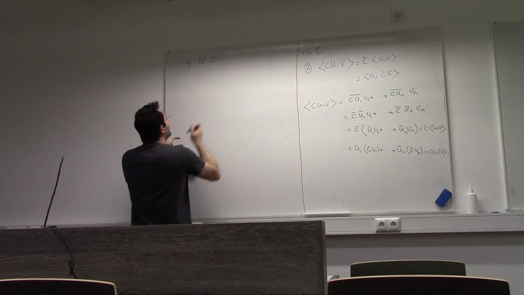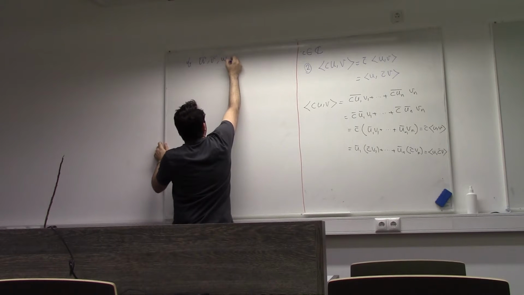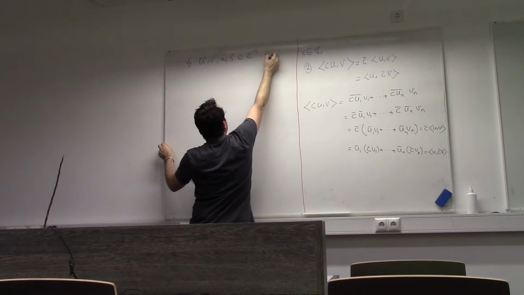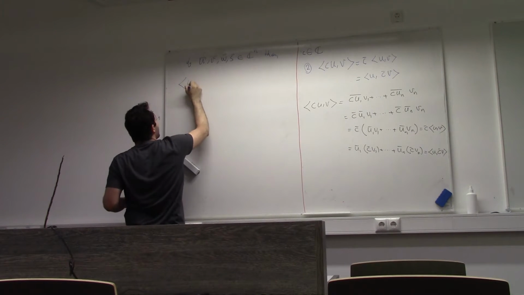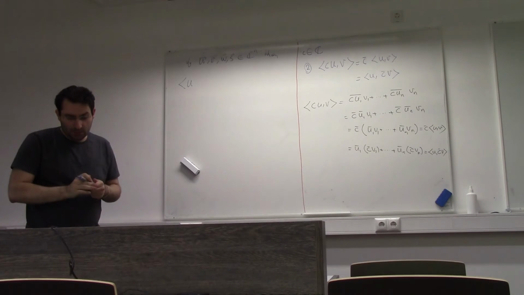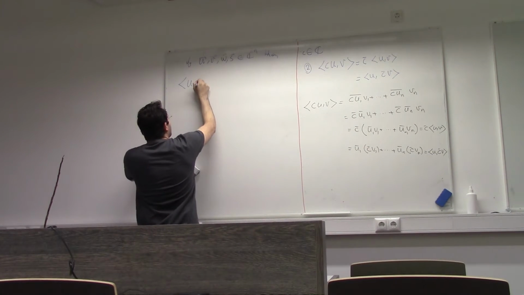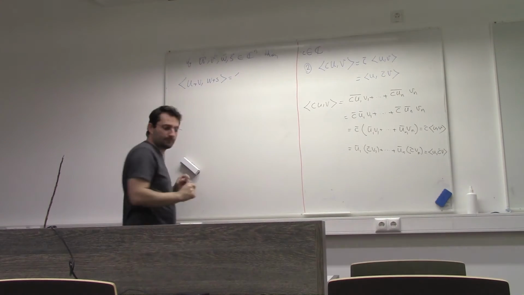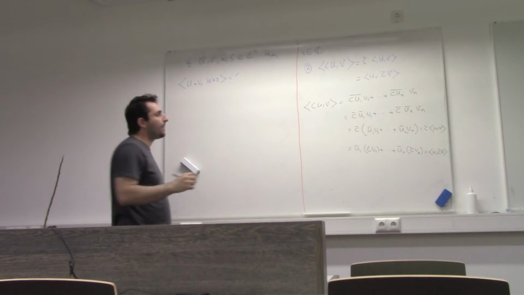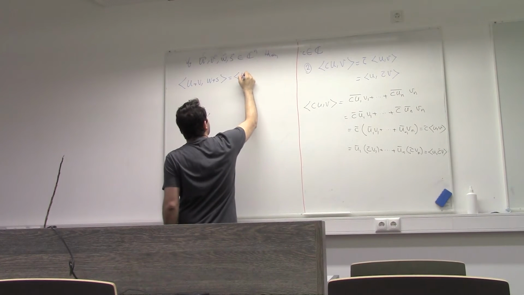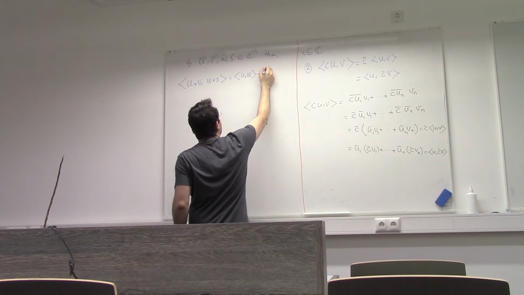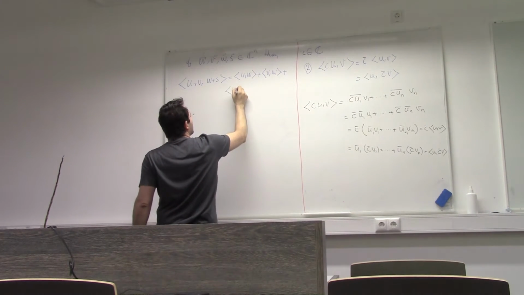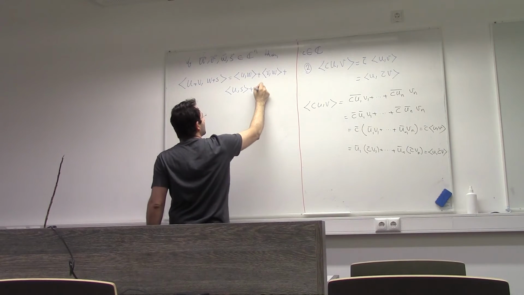If we have u, v, w and s belonging to Cn, then the inner product of u plus v with w plus s is the inner product of u and w, plus v and w, plus u and s, plus v and s.